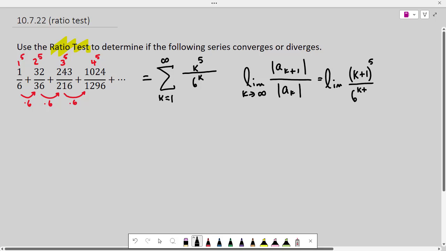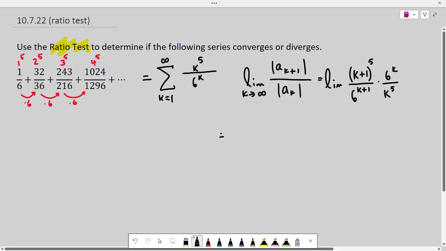We don't need absolute value bars, everything's positive here. So that's a sub k plus 1. If we divide by a sub k, that means flip a sub k, so that will be 6 to the k over k to the 5th.